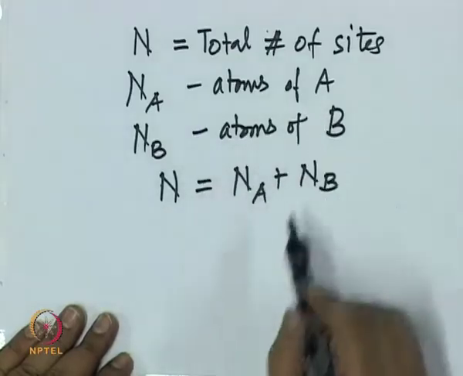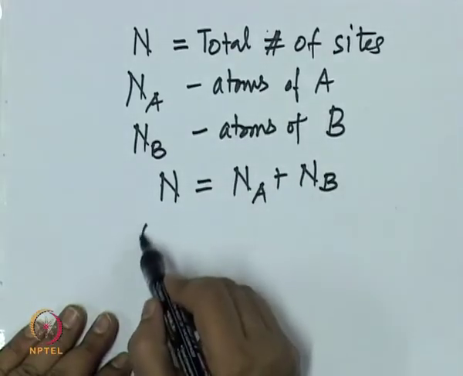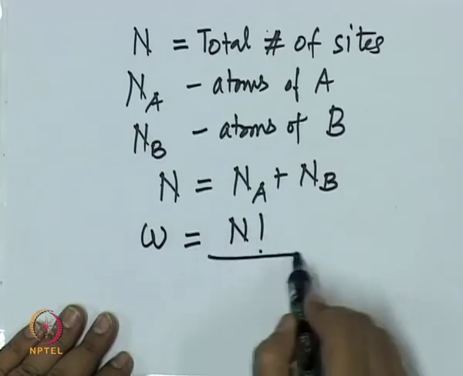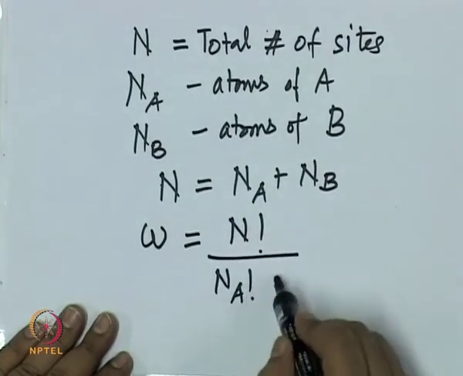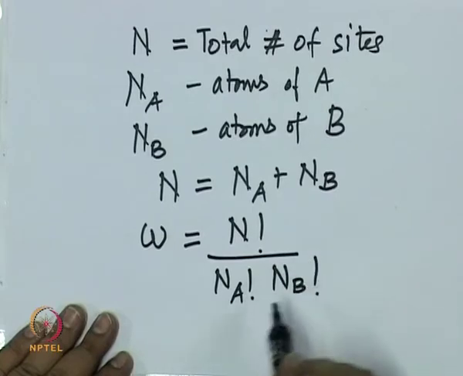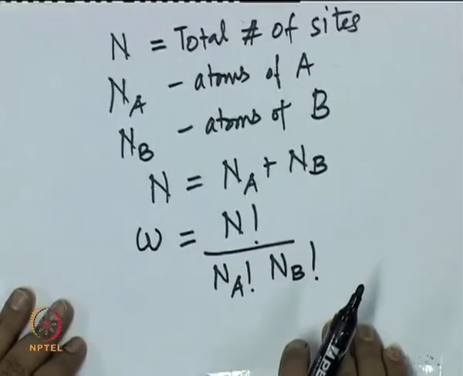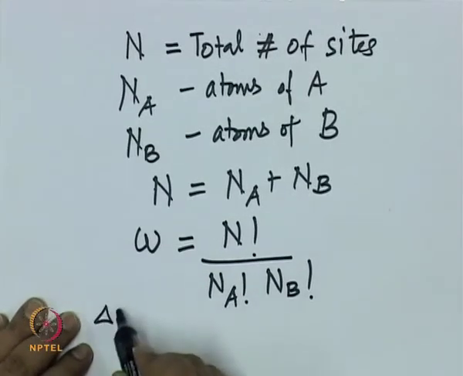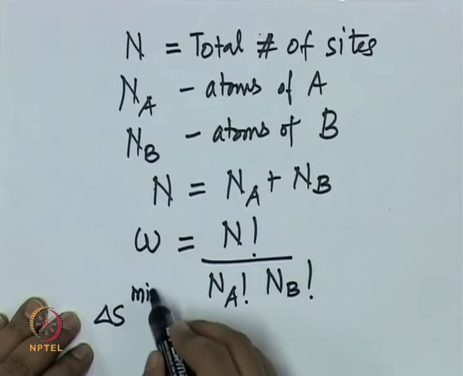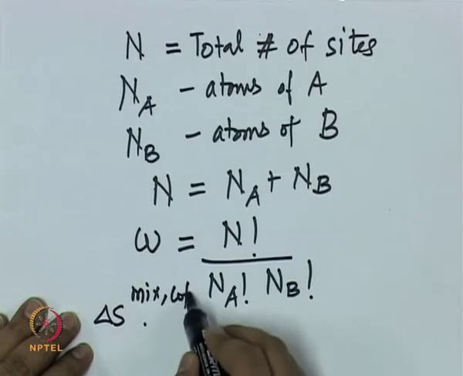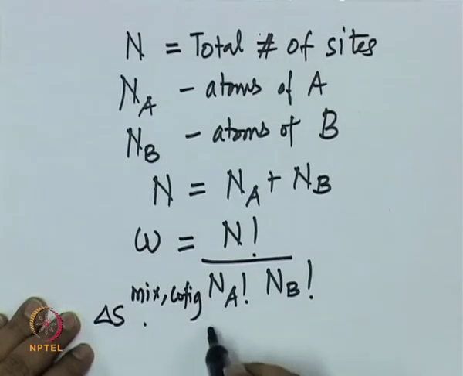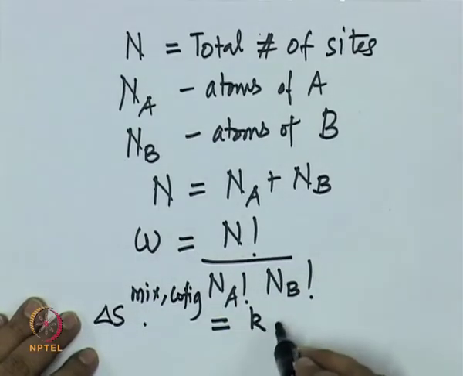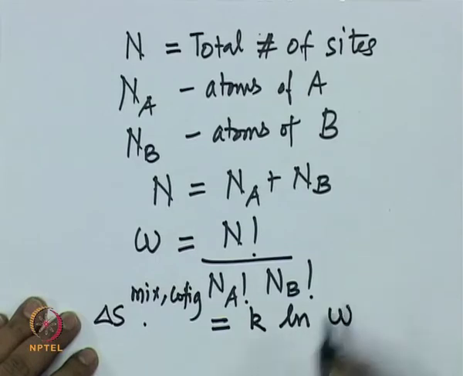But the moment I put them together on a lattice, I get this number of configurations that is possible as n factorial divided by Na factorial Nb factorial. Okay. Because the initial configuration gives 0, the delta S mixing of the configurational entropy is nothing but this itself, which is k ln omega.